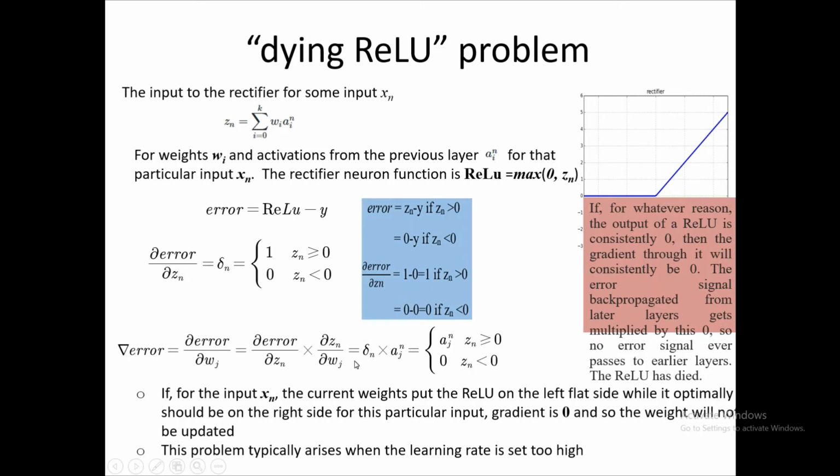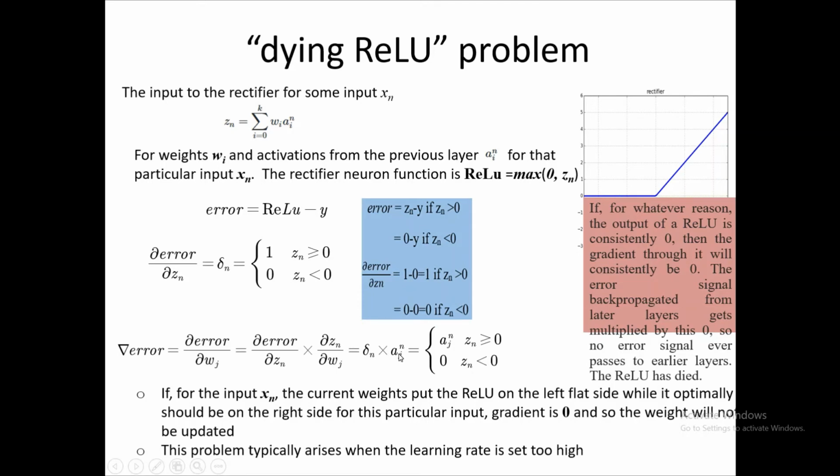It will be delta n times a_in, because when we take the derivative of Zn with respect to the weight, we get a_in.